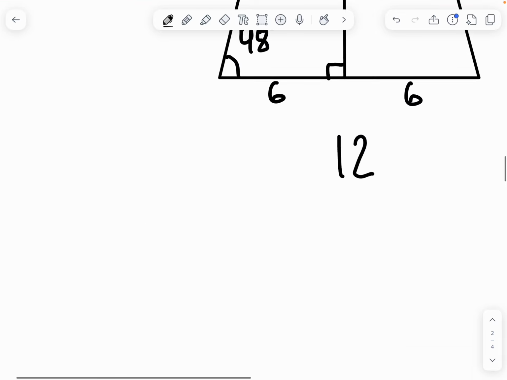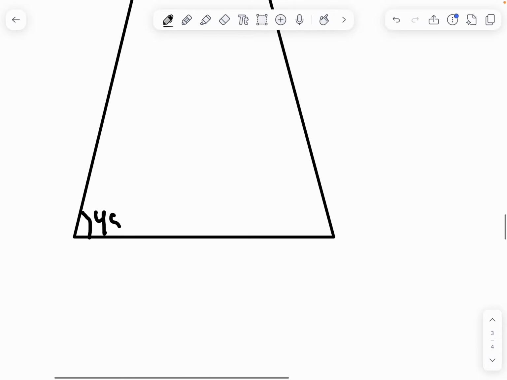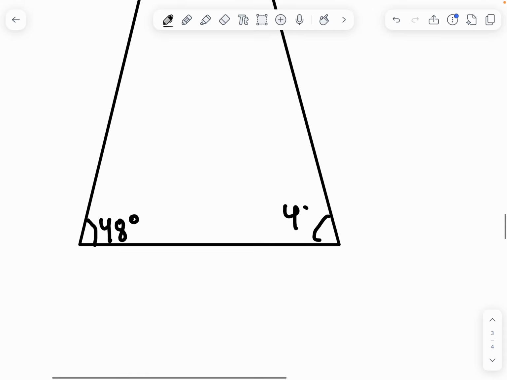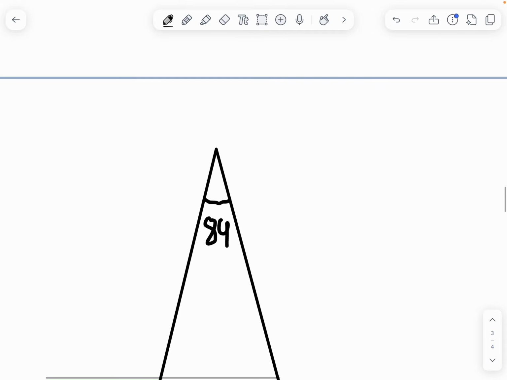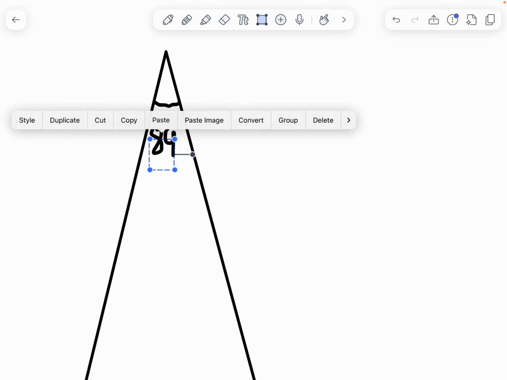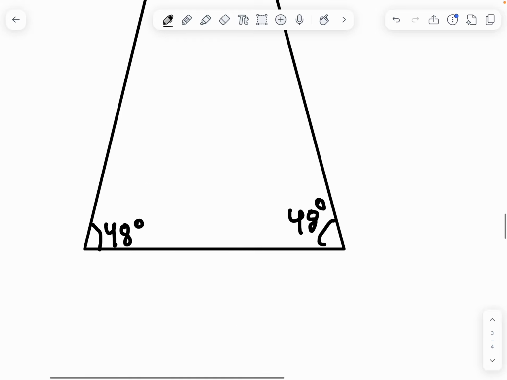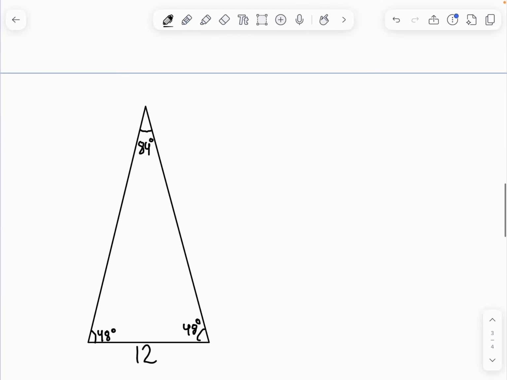The bottom ones were 48 degrees. So then the bottom is 12, as from before. And then the sides are 8.97.